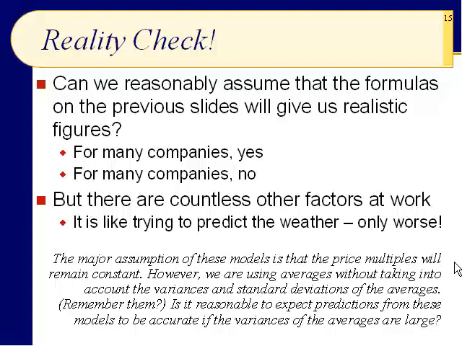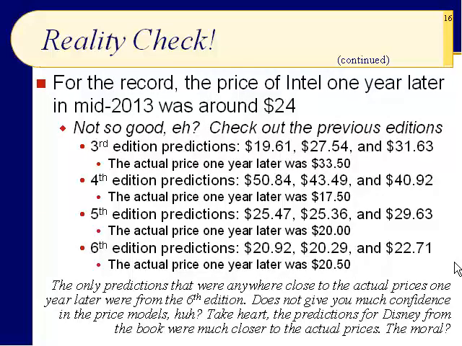It's as if you stuck one foot in a bucket of boiling water and the other foot in a bucket of ice and said, well, on average, I'm about 70 degrees. Is it reasonable to expect predictions from these models to be accurate if the variances of the average are large? Well, obviously, no.